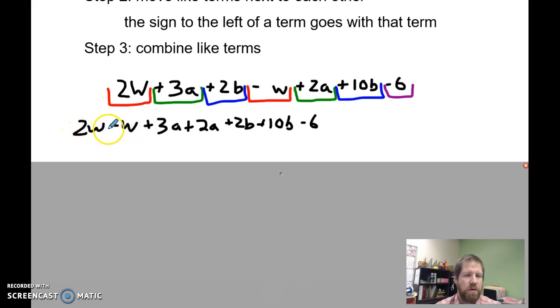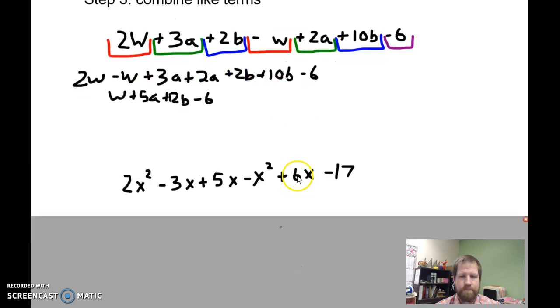So this is 2w minus 1w, which would leave me with just 1w. 3a plus 2a is going to be a positive 5a. 2b plus 10b, positive 12b, and then minus 6. So that would be all the fruit that I gave to the fruit pantry. I gave 1 watermelon, 5 apples, 12 bananas, and it cost me $6.